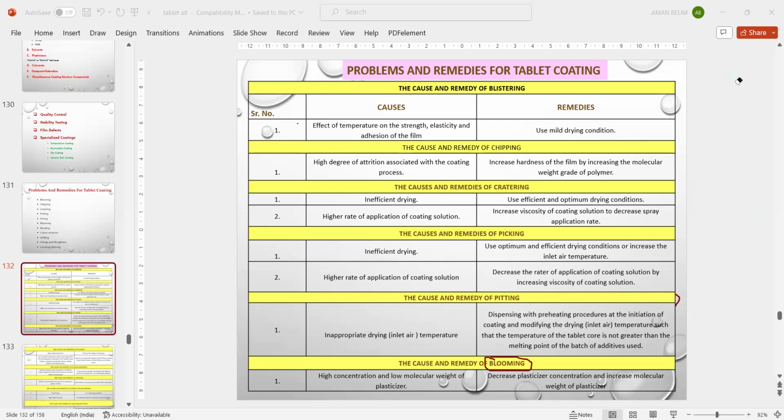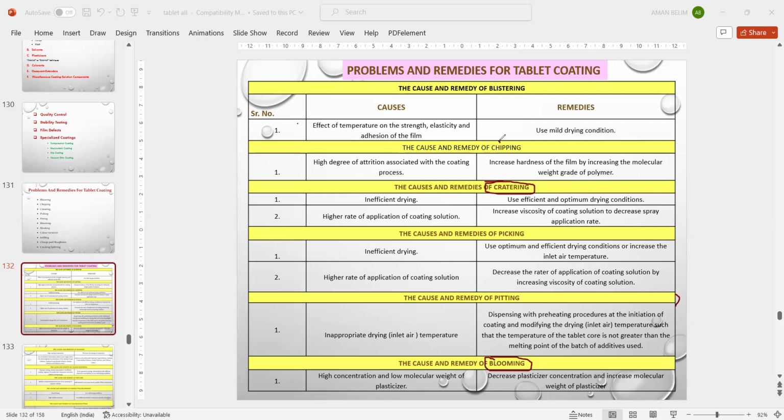And one or two more: cratering. Cratering means a volcano-like structure you can observe on the tablet surface, and as the name itself suggests, it's a volcano-like structure.